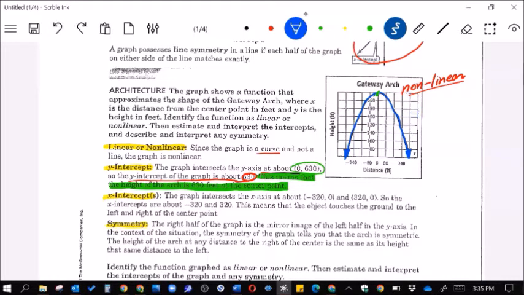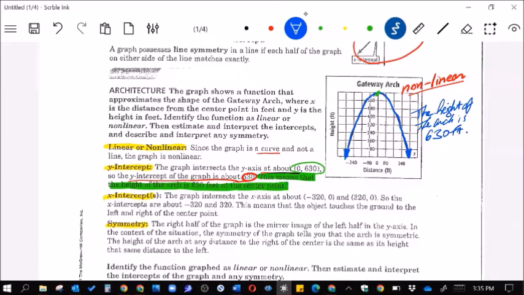if you ask what the y-intercept means, it means the height or the highest point. The height of the arch is 630.